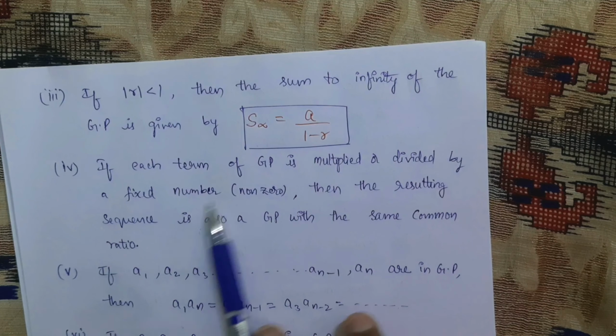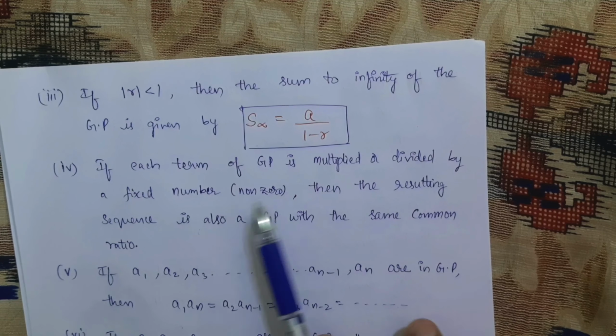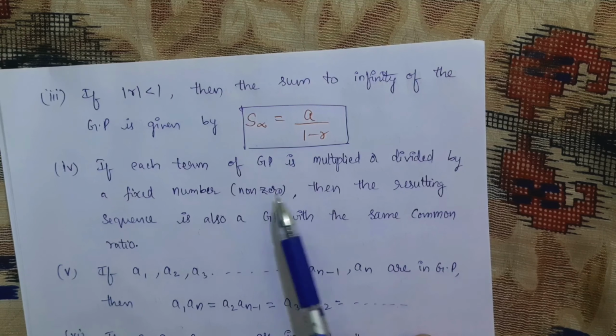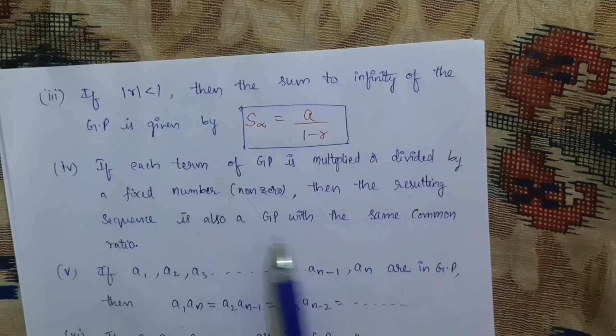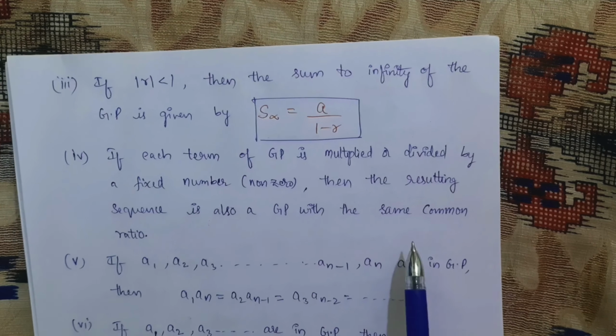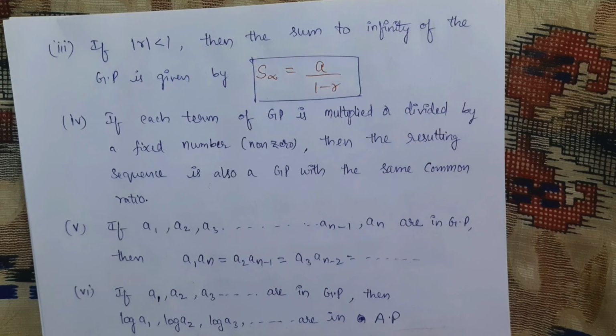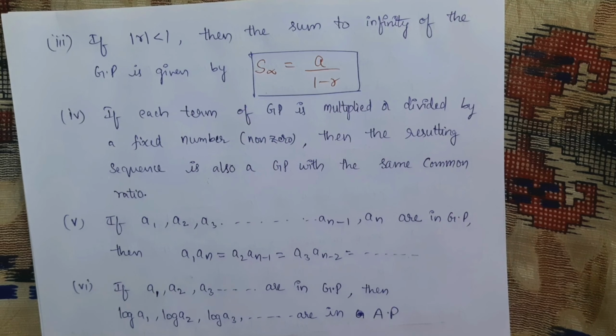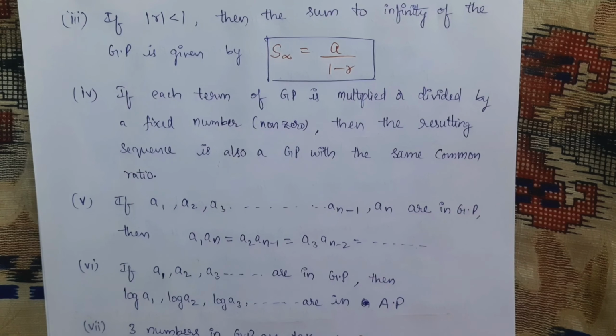And the next, if each term of a GP is multiplied or divided by a fixed non-zero number, then the resultant sequence is also a GP with the same common ratio. As in AP, if we multiply or divide, or add or subtract, we will get an AP only.